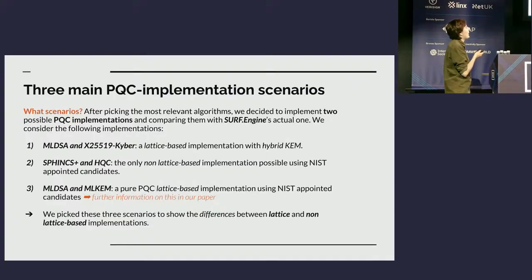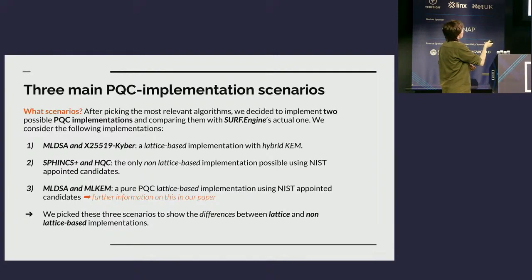We wanted to try a lattice-based implementation and a hybrid key exchange mechanism, which is the easiest choice for an operator to go with, because if you are using a hybrid combination, you use a traditional cryptographic algorithm, and on top of it, you put post-quantum cryptography. So you can always roll back in case any of those post-quantum algorithms turn out unsafe, because this is the biggest problem for now. We have these post-quantum algorithms, but as long as we don't have a cryptographically relevant computer, we will not know if they are safe or not.